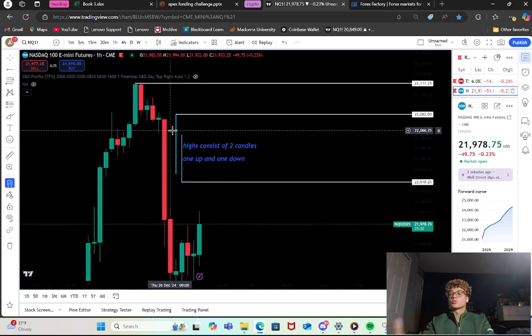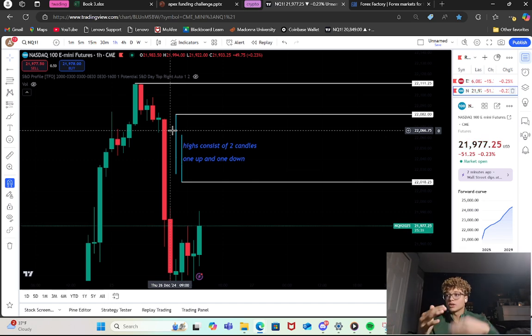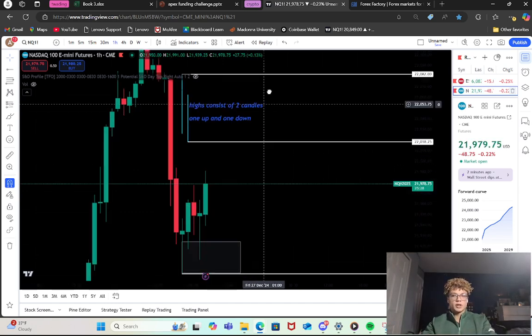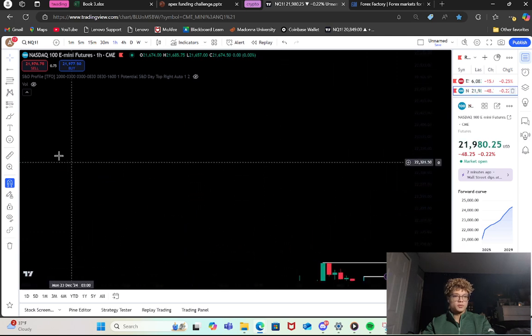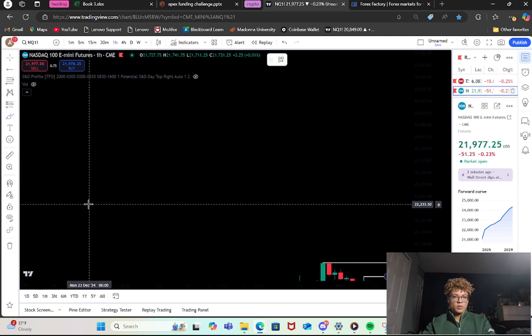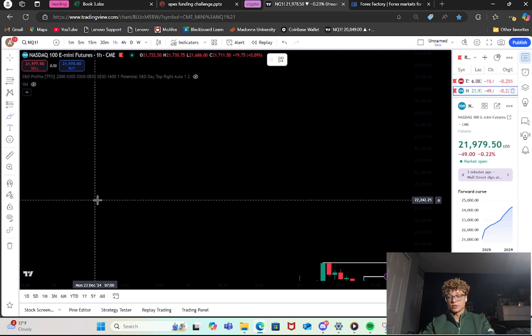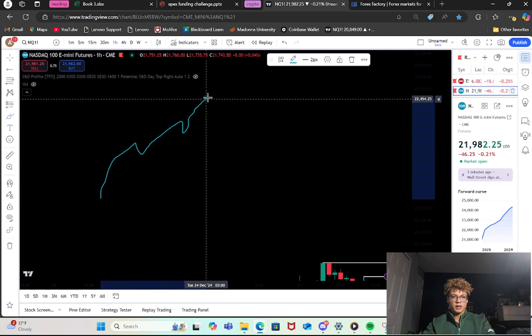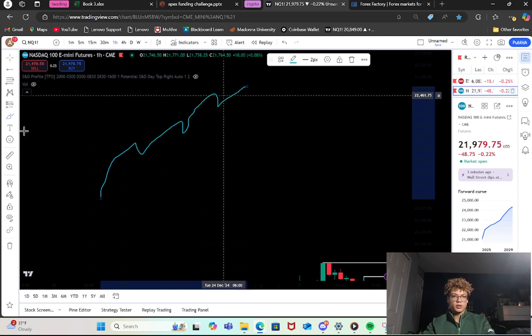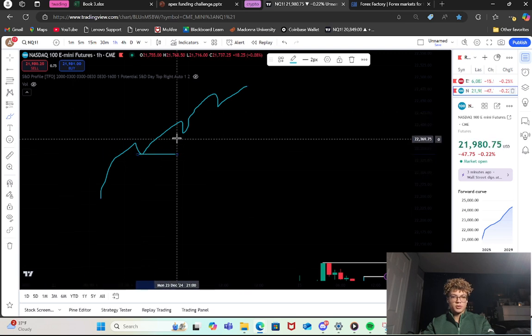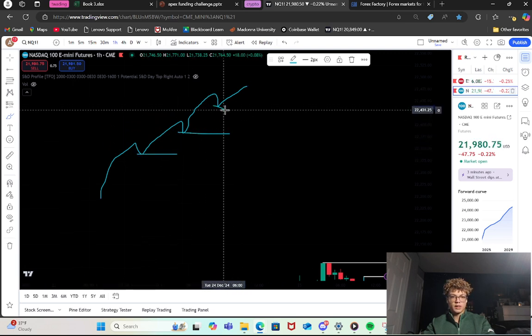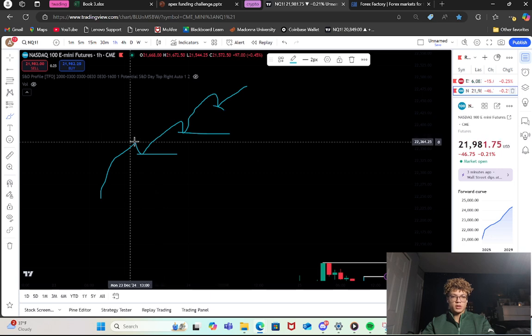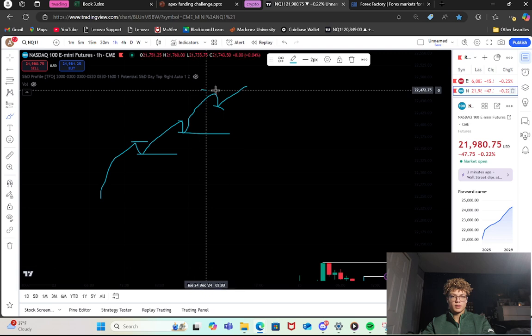This feeds us right into trends. So this is highs and lows and trends. An uptrend forms when we have higher highs and higher lows. So we see higher high, higher low, higher high, higher low, higher high, higher low, right? We see all these lows getting higher and higher, and all these highs following it getting higher and higher.